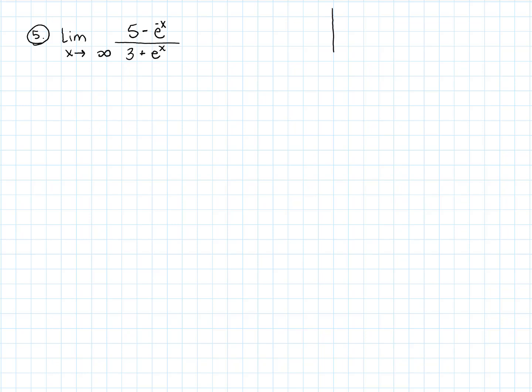So maybe a little thought bubble in my head, I see an e to the negative x and I see an e to the x, and I'm thinking to myself, exponential decay. E to the negative x is an exponential decay, and exponential growth for the e to the x. Now, one is in the numerator and one is in the denominator. All of that's going to have to be considered, but just the basics of the functions are going through my head.